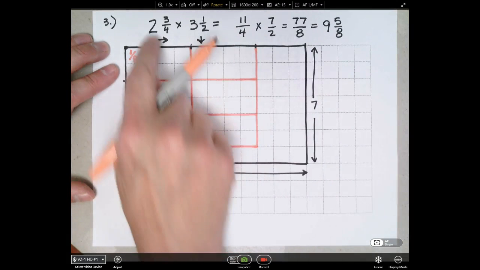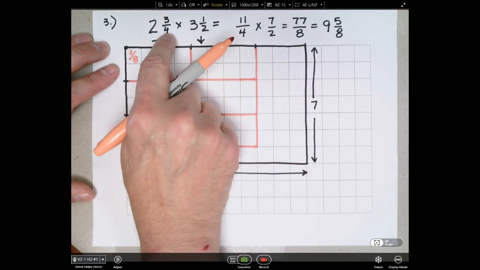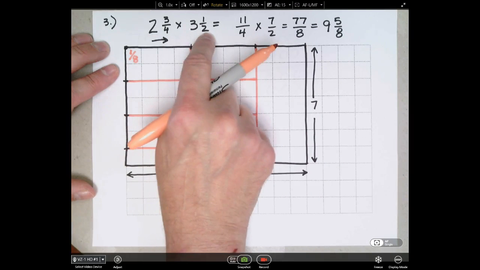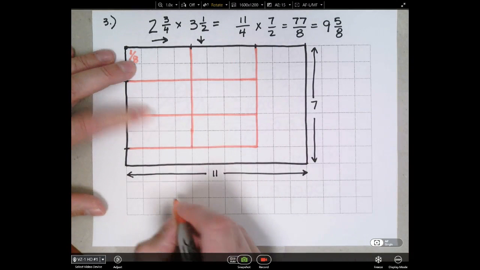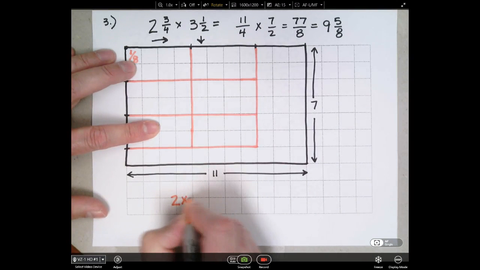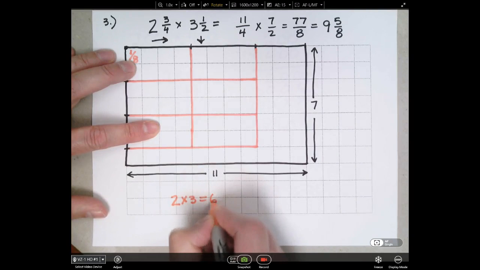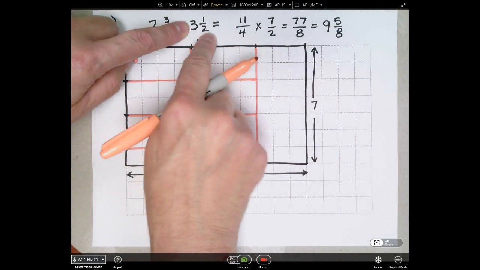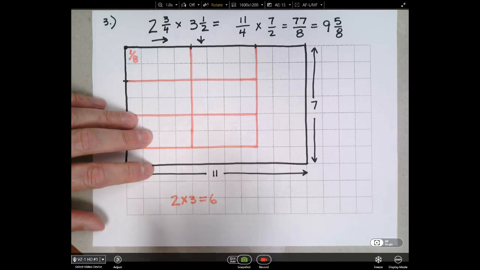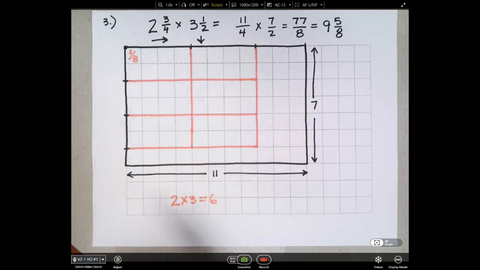Well, one thing I know is I have 2 and a fraction, okay, and I have 3 and some fraction. So at a very minimum, if I multiplied 2 times 3, that would give me 6. And since I have a number plus a fraction and a number plus a fraction, I know that my answer has to be greater than 6.